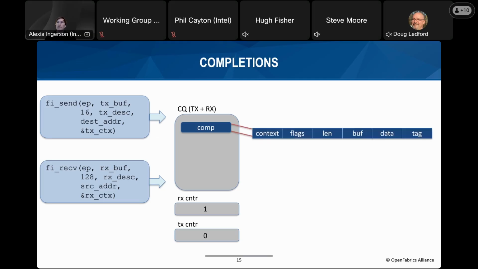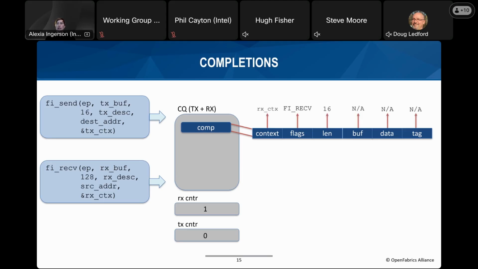A completion entry can have the following fields: the context parameter it was sent with, flags that tell us what kind of operation completed, the length of the message, the pointer to the receive buffer, which is only available with that multi-receive flag. That'll tell you where within that large buffer this message is. But for regular receives, it's not set, since it's just going to assume that it's at the beginning of the buffer. The optional remote CQ data if the sender sent some, and then the tag if you're using a tagged call. So let's see what's in this completion.